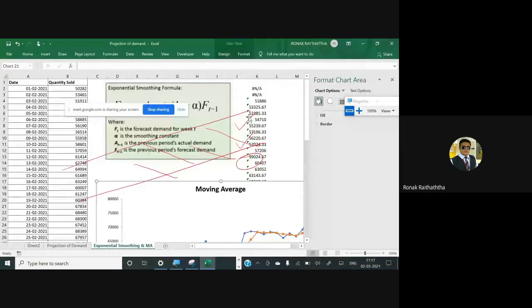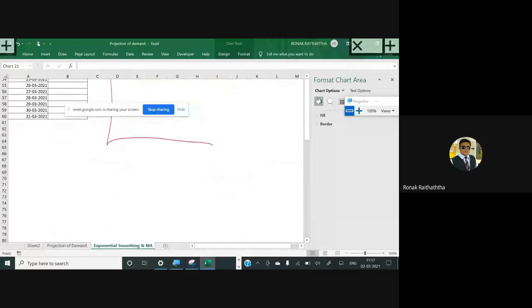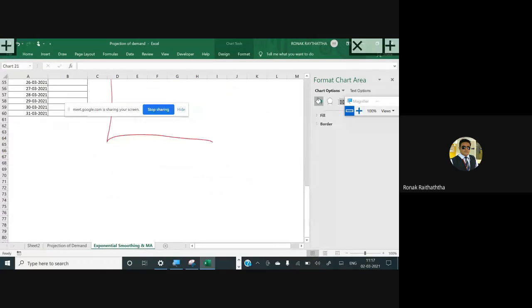Now, what happens in the simple moving average, my dear friends, is that you give the same weights to everyone. Sometimes you need to give different weights to the past data based on their importance. If you feel that the past data matters only 60 percentage, and 40 percentage is the current data which should matter.